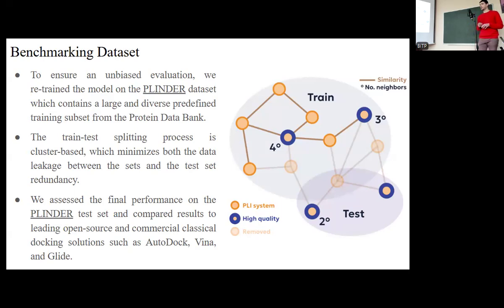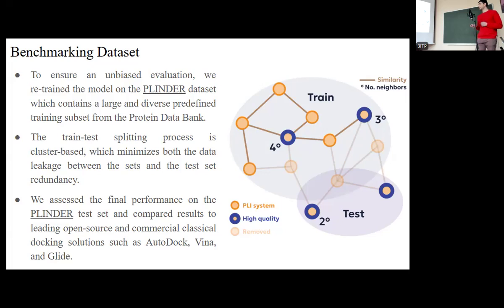Basically, how we split data into training subsets that will be used directly for model training and test subsets that will be used for final model evaluation. And we need to make sure that data between these sets is not intersected, and we can properly evaluate the model.